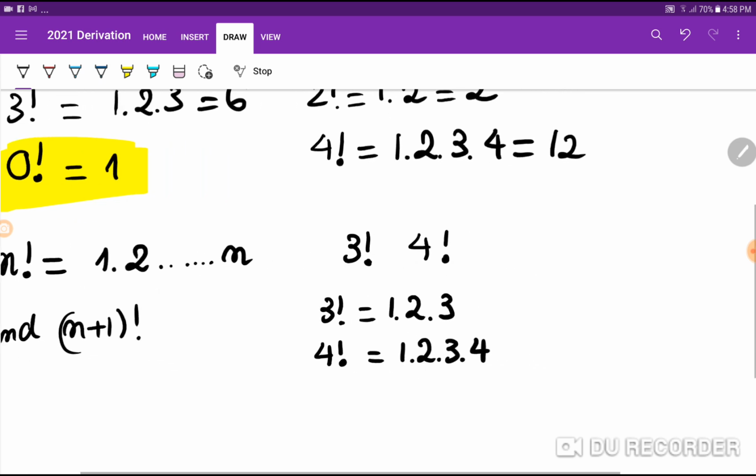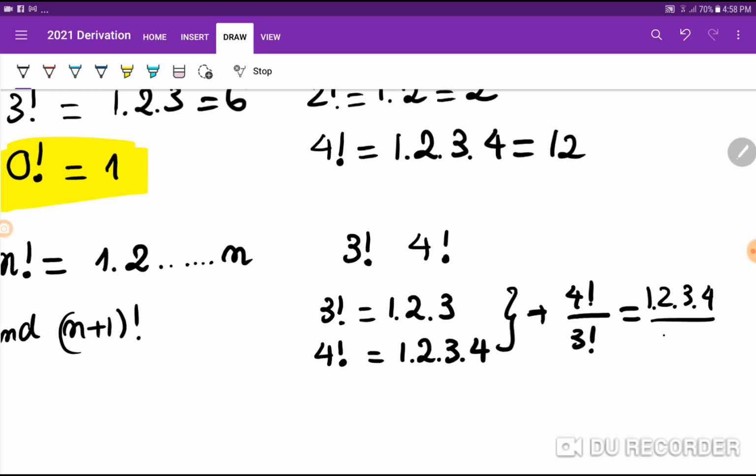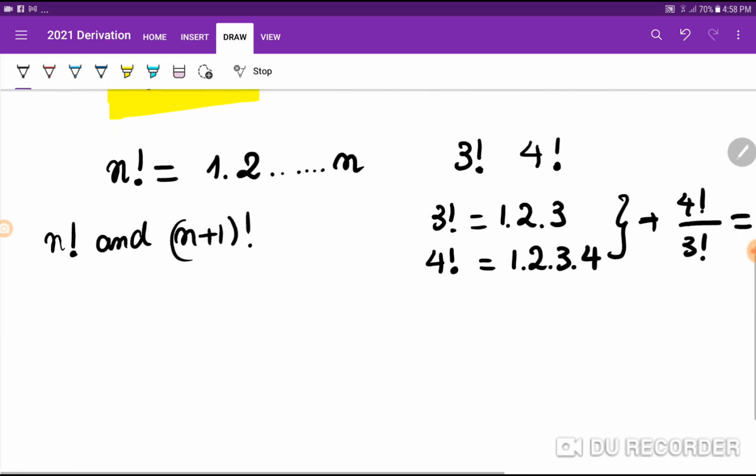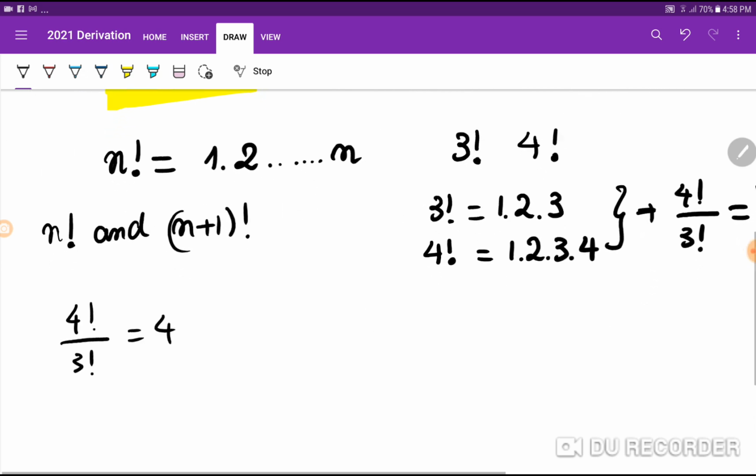So 4 factorial over 3 factorial equals 4.